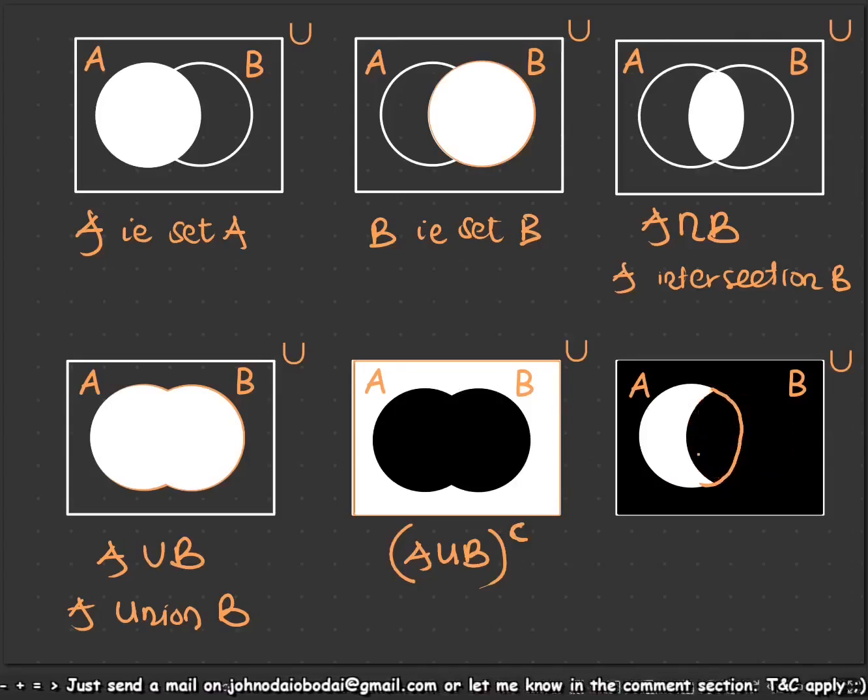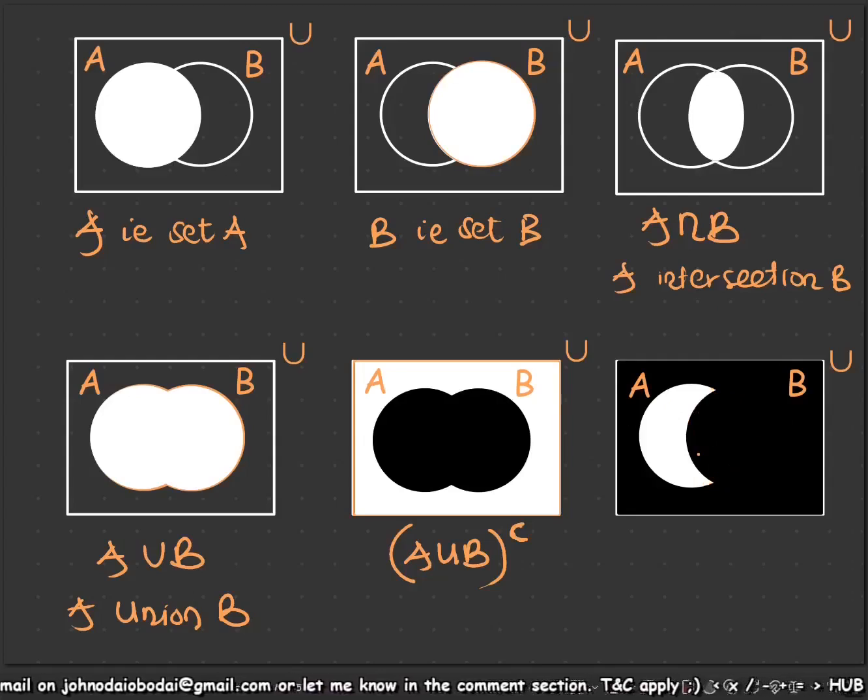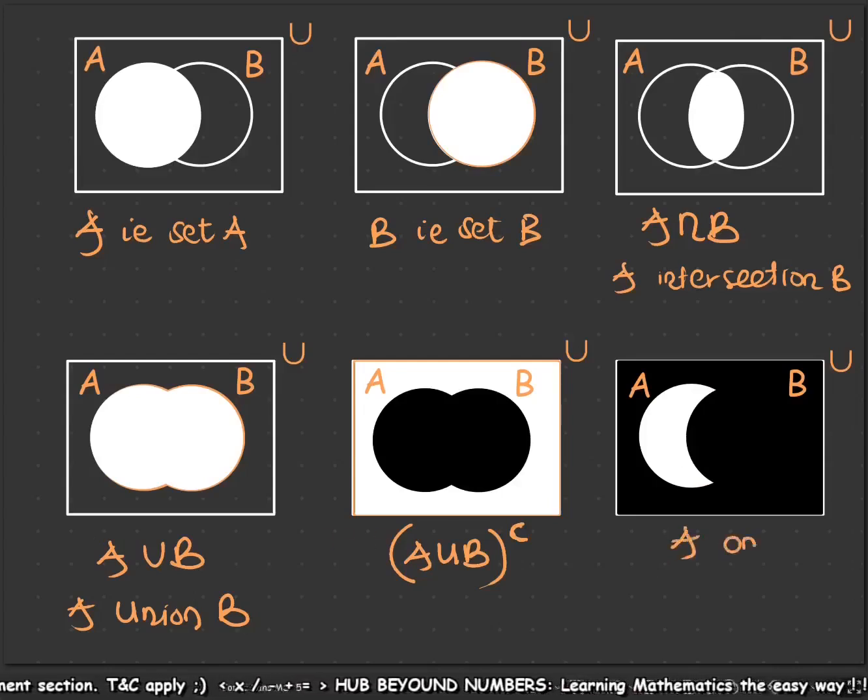So we are taking out that region that B forms part of, so that we are looking for those that are strictly in A. In English, we write this one as A only.